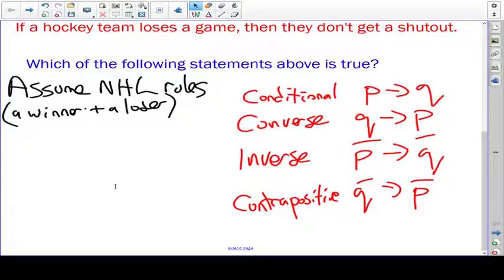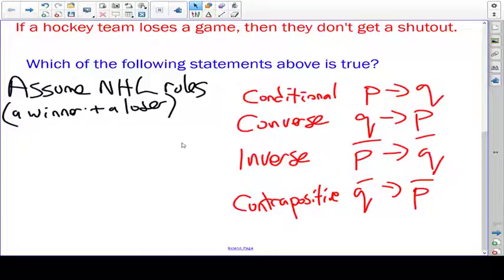Interestingly enough, let's just see if this is confirmed here. Yeah, apparently the answer is yes.